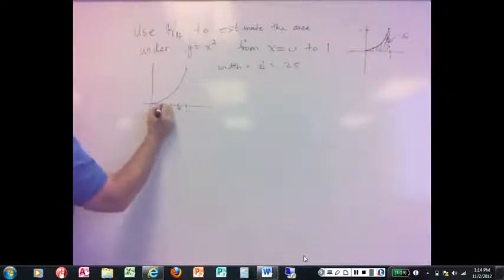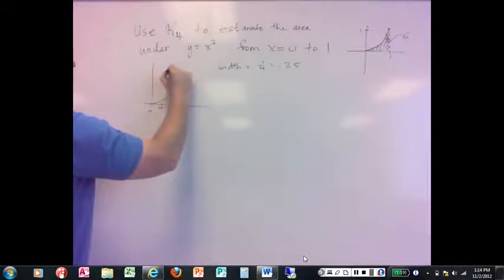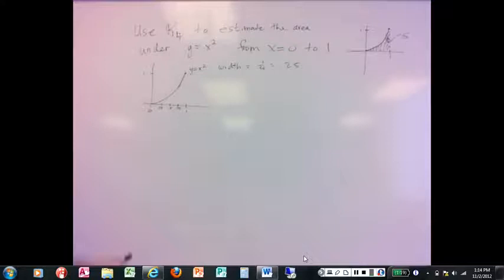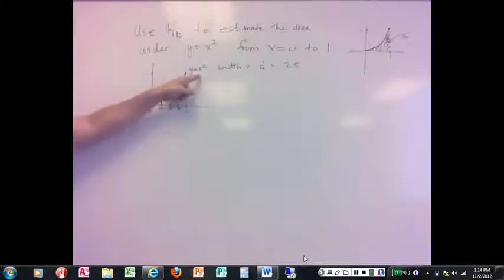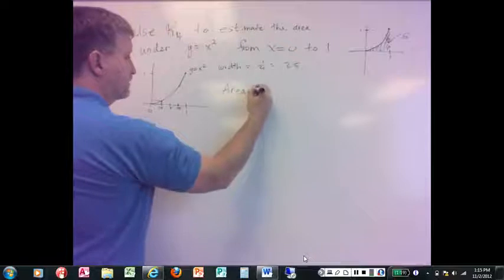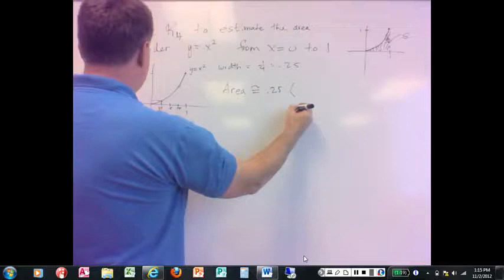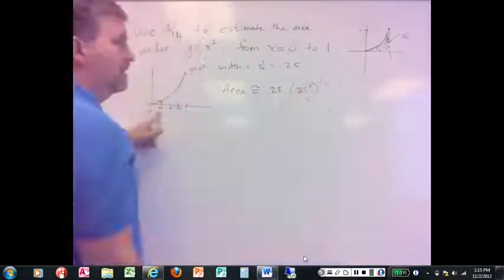All right, but now here's the thing: I can get even better with this because I actually know that this curve here is x squared, right? What that means is I can get these heights a lot better. What's the height of the first one going to be? It's going to be x squared, isn't it? 0.25 squared. So my area from 0 to 1 is going to be approximately 0.25 times 0.25 squared. You can square that out if you wanted to.